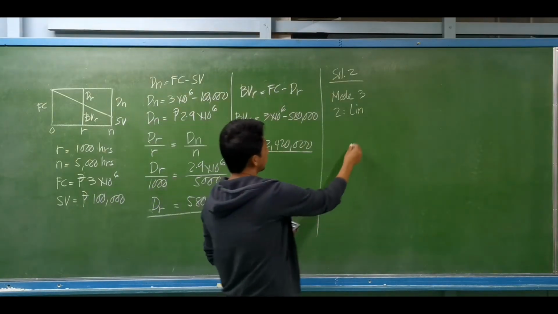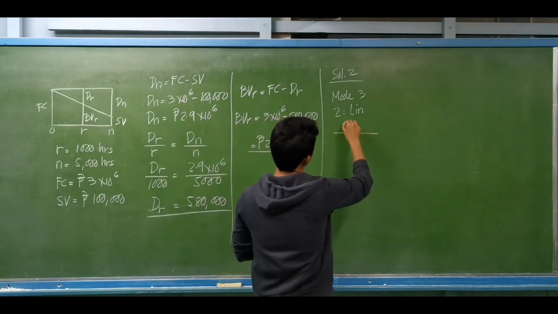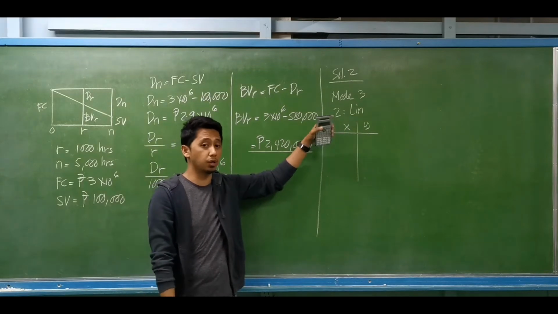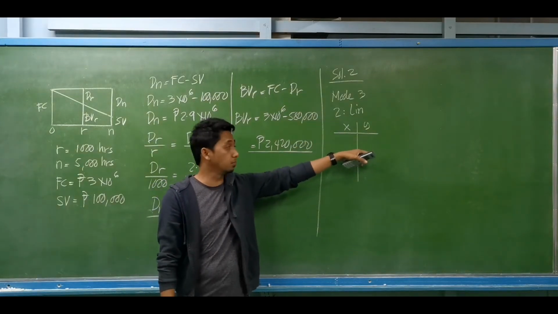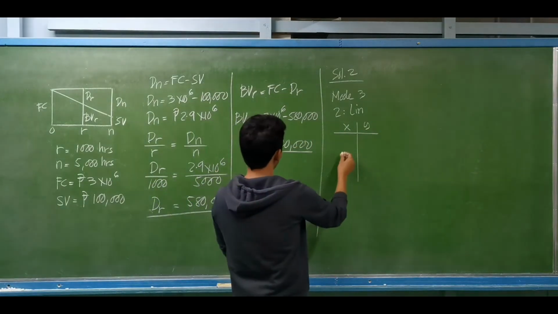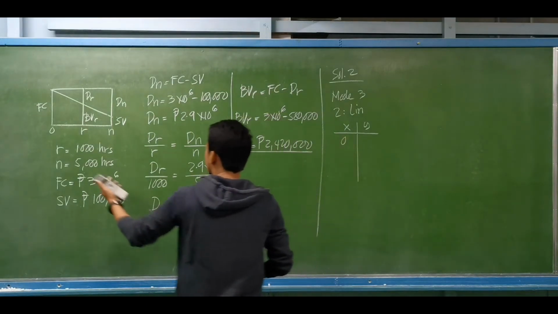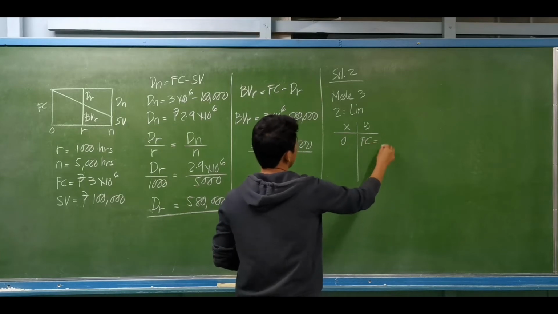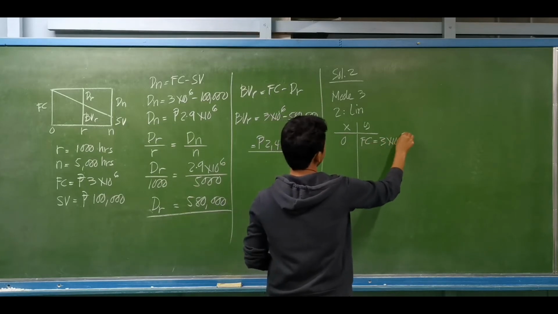We'll be having the 2 columns. This is the columns for X and Y. X represents the number of years or the period. Y represents the book value. So we press 0, that corresponds to 0. We have the first cost that is equal to 3 million.